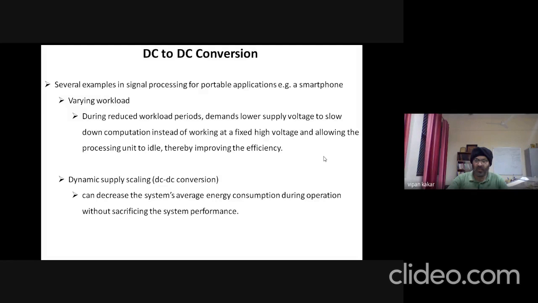So let's say in 10 steps. In more intelligent ones, the discrete values can be much more, but let's say in 10 discrete levels, we can scale this output voltage: 2.4, 2.3, 2.2, and so on. That is called dynamic scaling. So just by a single DC to DC converter, we can do that.